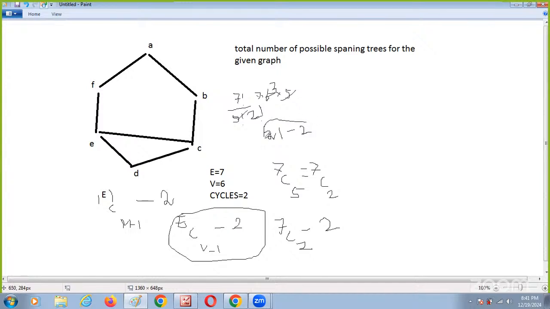So total number of spanning trees are 19. Very good. Total number of spanning trees possible is 19. So this is the answer.